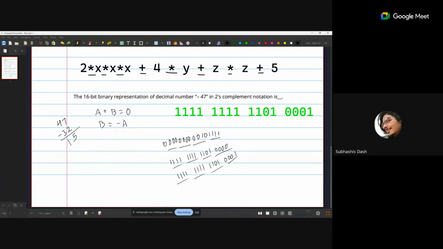So we have a plus b. We are adding two numbers, and if the resultant is 0, in that case, we can conclude that one number is the negative of the other.